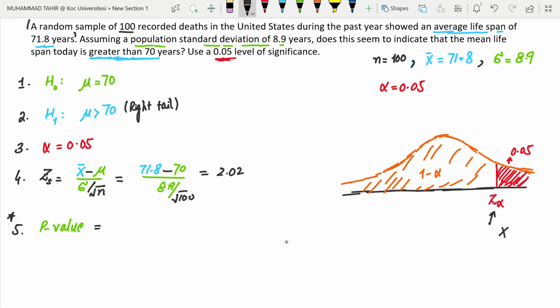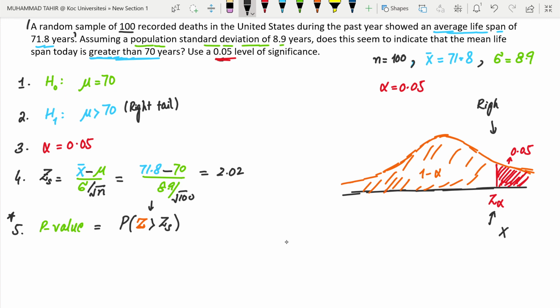So we are going to calculate the probability of random variable z being greater than z sample. First of all, notice I have written greater here. Why have I written greater? Because it's a right tail test.